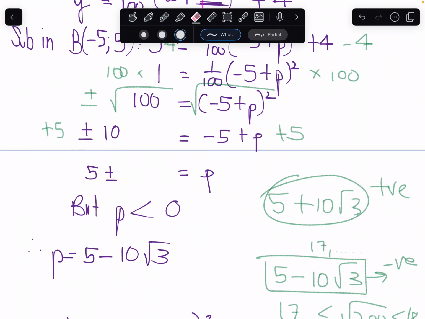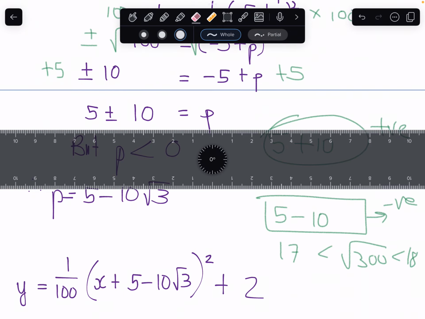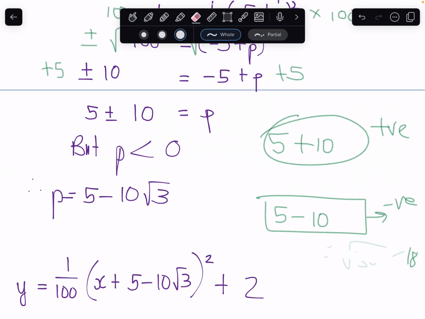So this is 5 plus or minus 10. Okay, so you don't even need to have this whole little powwow in the corner. So that is 15, and that is negative 5. Okay, so that still stands.